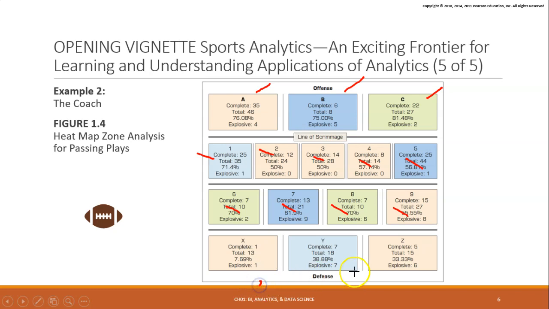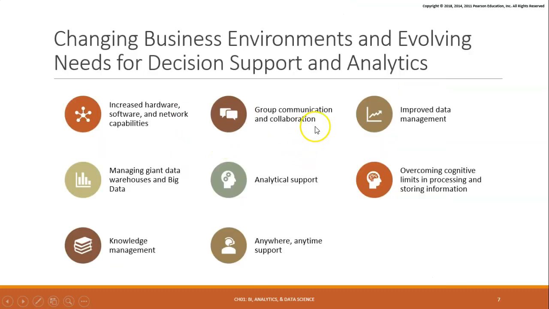And then on the last end was what type of defense they were playing against in order to be successful. So tools like this can be used in sports analytics to help coaches be successful on the field. So business is a lot like sports analytics.